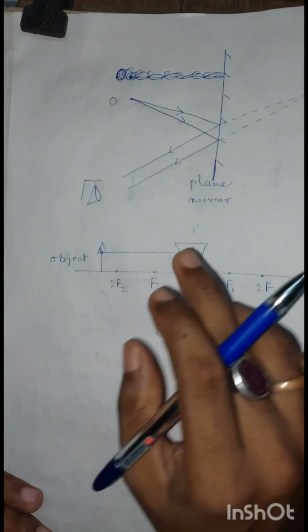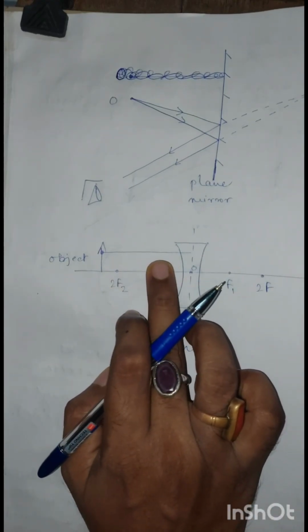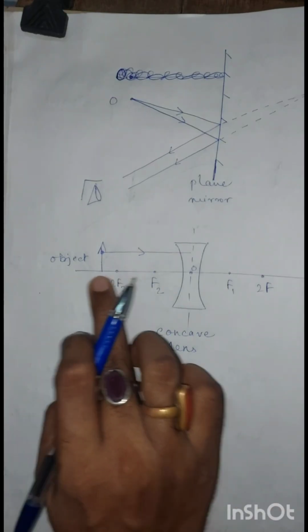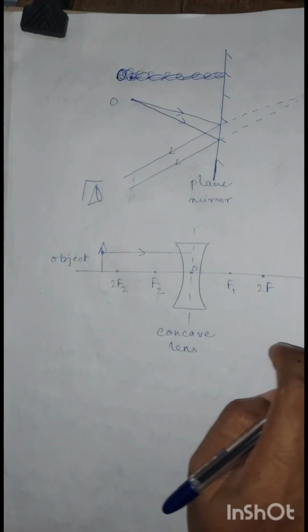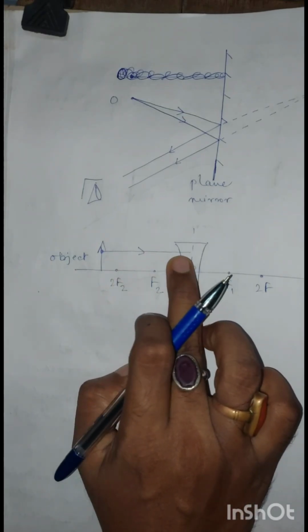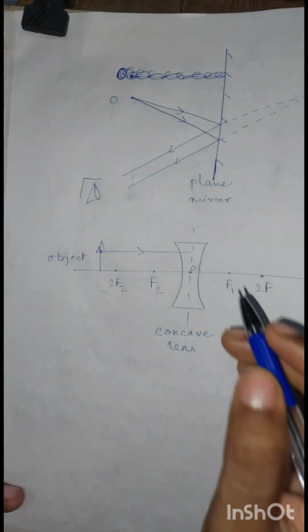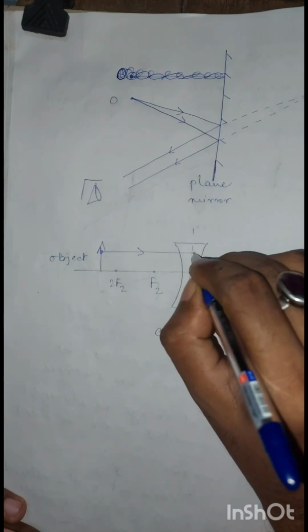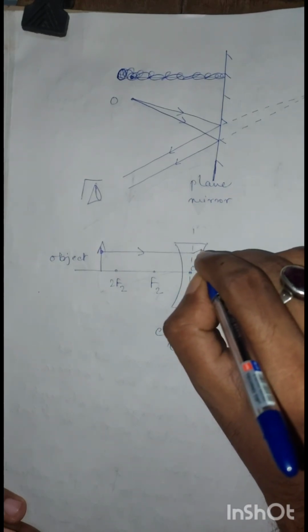This is ray 1, which is parallel to the principal axis. This line is called the principal axis. When this ray gets refracted, it goes something like this.